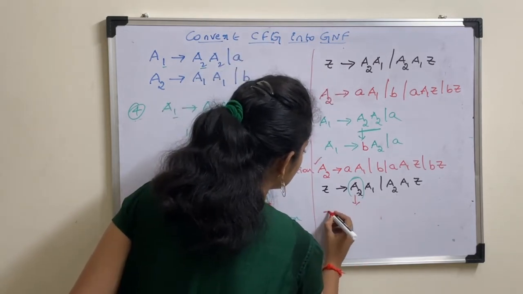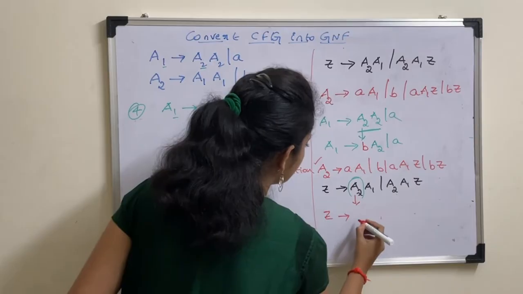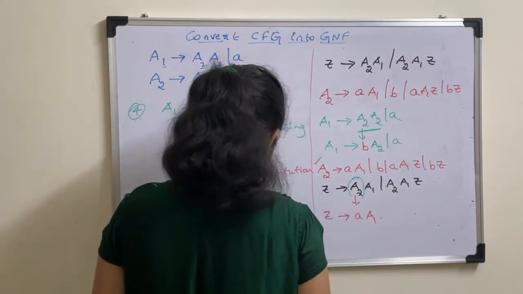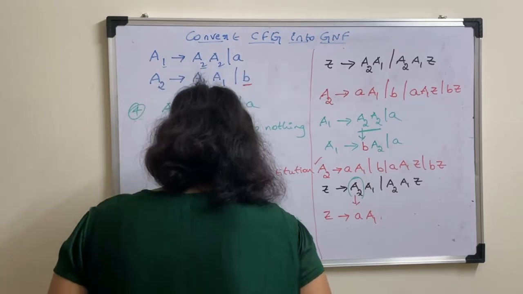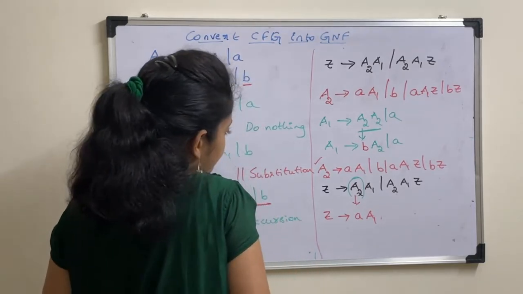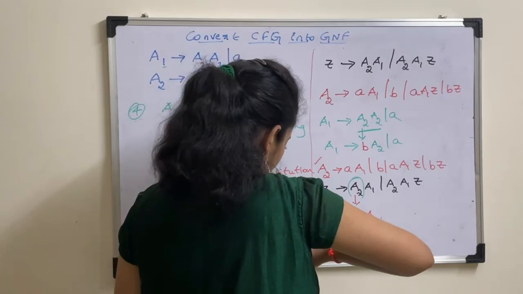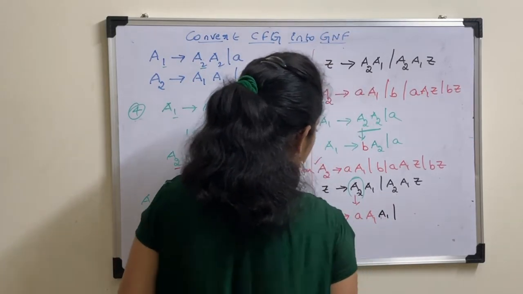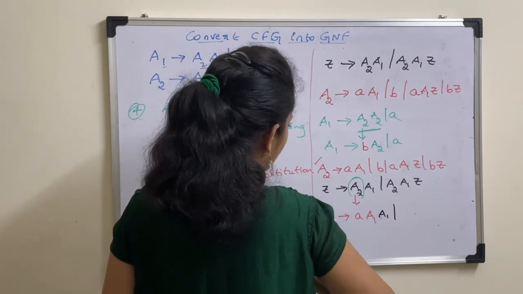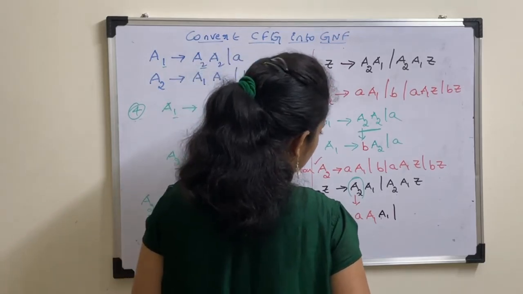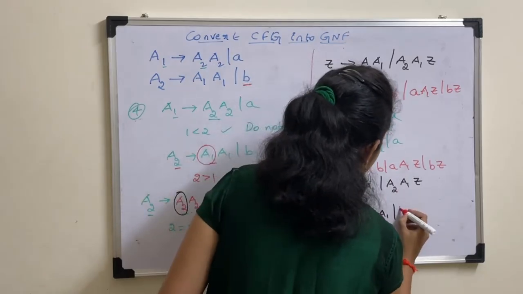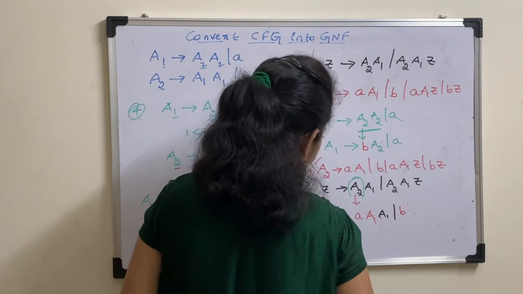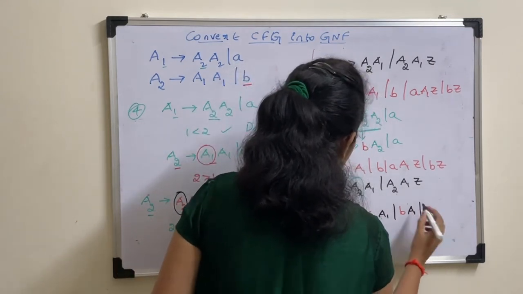So write it as Z derives A1A1, so A1 in place of A2, and this A1 should be written as it is. After this, again we have B. So you can write this B as it is and in place of A2, write A1.